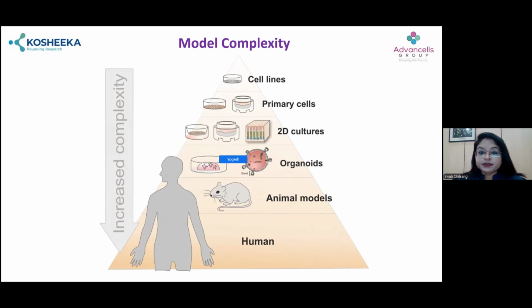Then 2D cultures, where you can set up different types of perfusion or any kind of 2D culture plates. Then there is the organoid, which is closer to human. But many things, like in vivo conditions, you cannot mimic with organoids. Then there are animal models, where you can study many types of mechanisms.